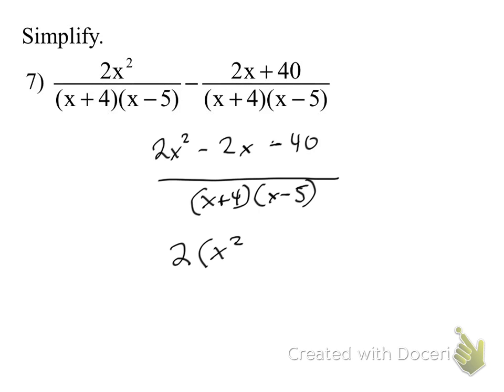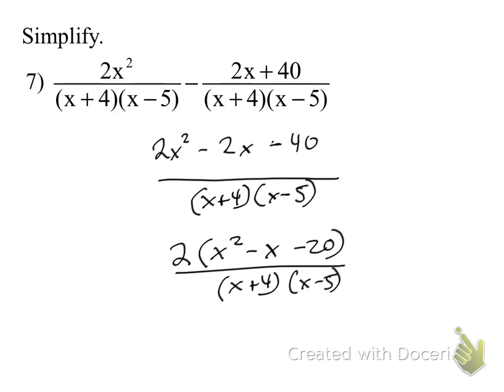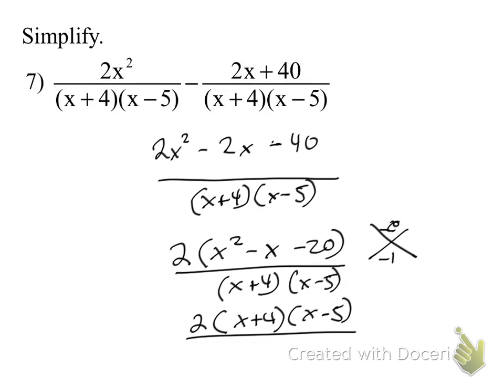Then I'm left with x squared minus x minus 20 all over x plus 4 times x minus 5. That factors to, what multiplies to negative 20 and adds to negative 1? It's 2 times x plus 4 times x minus 5 all over x plus 4 times x minus 5. And these 2 cross cancel and these 2 cross cancel, and my final answer is 2. And that is the lesson for today.